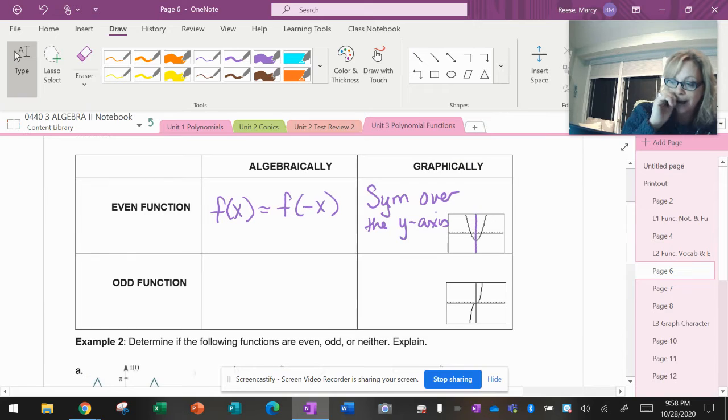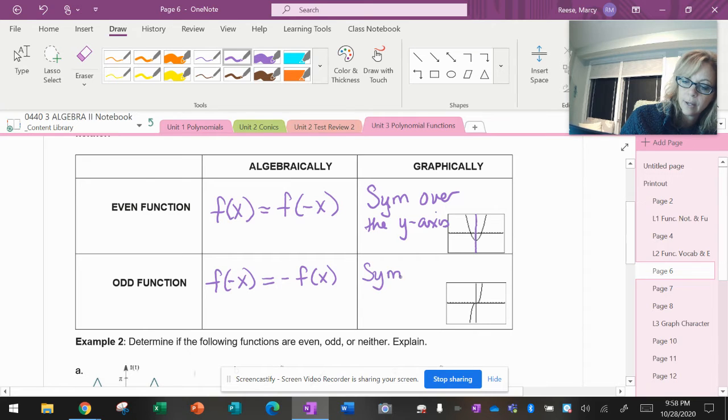Okay, so what makes an odd function? An odd function is when I put f of negative x into the function, it's equal to the negative f of x. And this graphically is symmetric over the origin.